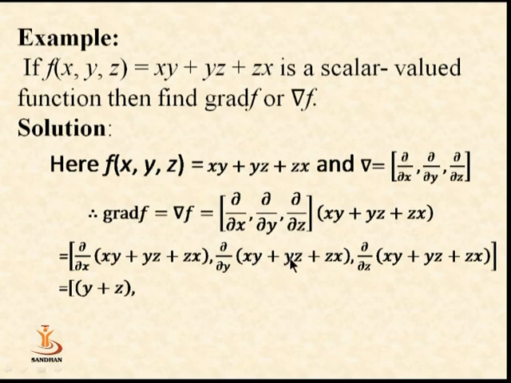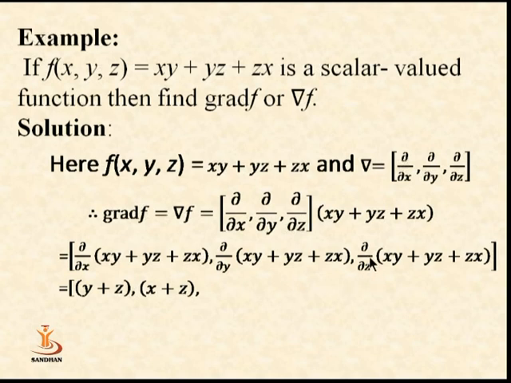Here is also yz, thus the differentiation of y is equal to 1 and z is a constant, thus 1 into z is equal to z. Again there is no y in zx, so it is a constant for y, and the differentiation of zx is equal to 0. Thus we get here x plus z.